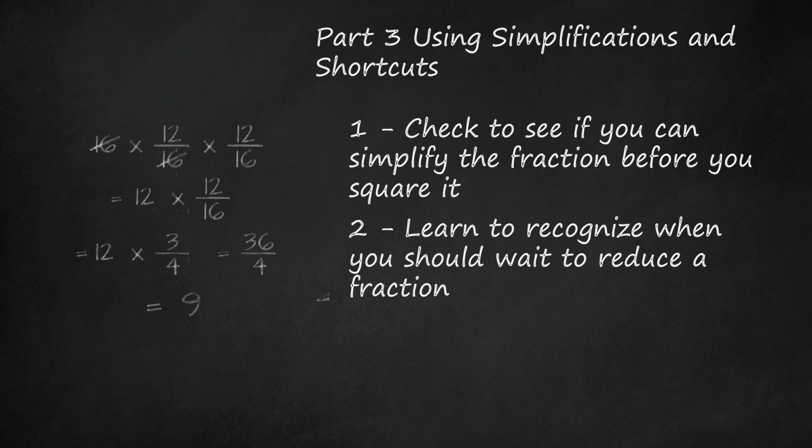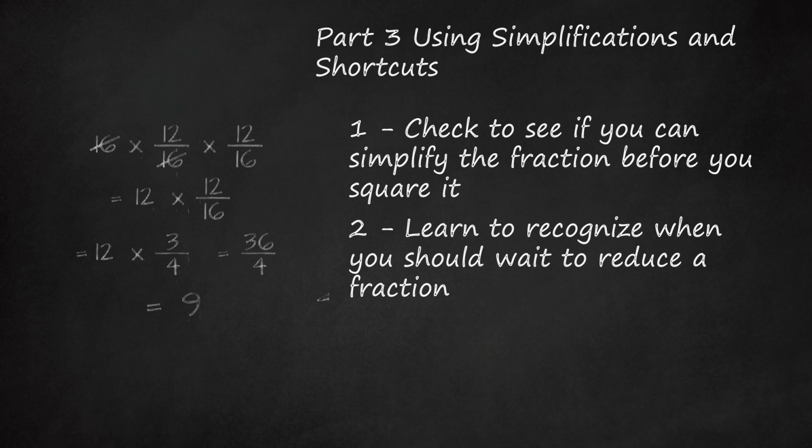For example, 16 times (12/16) squared. Expand out the square and cross out the common factor of 16: 16 * 12 * 12 over 16 * 16. Because there is one 16 in the numerator and two 16s in the denominator, you can cross one of them out. Rewrite the simplified equation, 12 by 12 over 16.